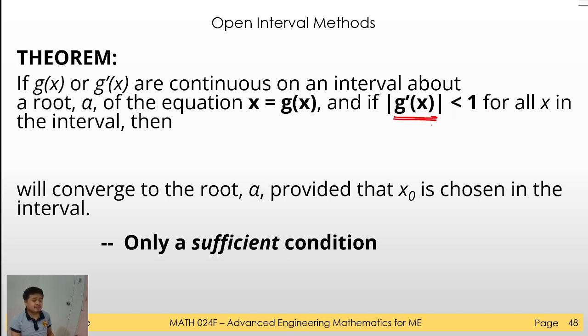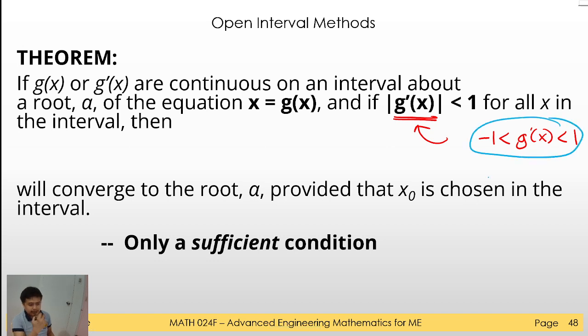If we find the derivative of the function g of x and substitute the previous and the present x's, it should always be within 1. So it should be in between -1 and +1. So this is the condition at which it will converge to a solution.